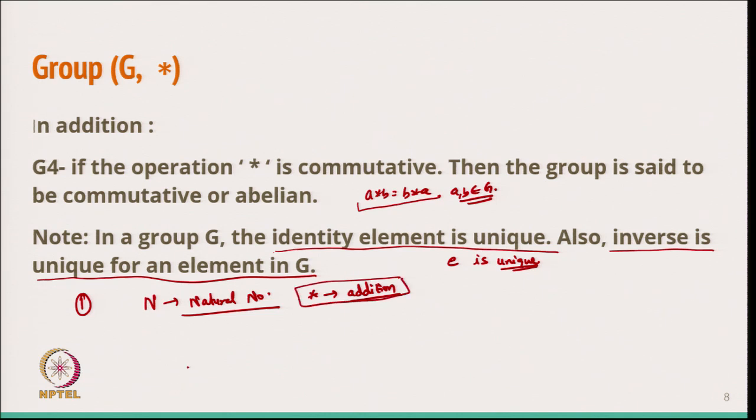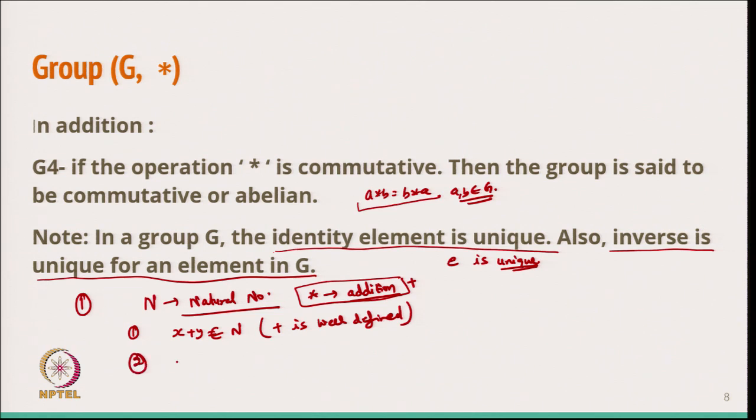I know the first part: if I choose any x plus y, then natural number plus natural number is also a natural number, so it belongs to N. So, addition is well defined. I can say that this binary operation is well defined.